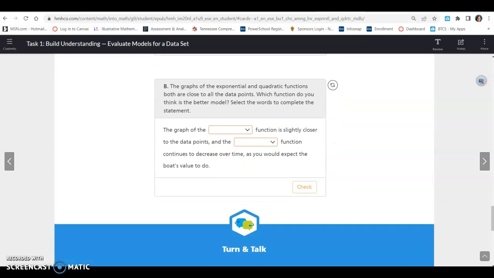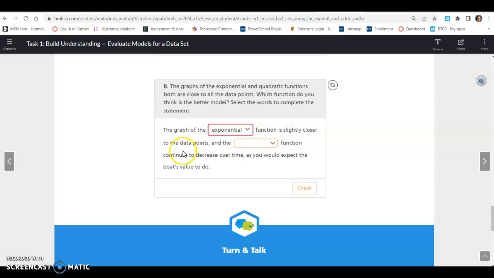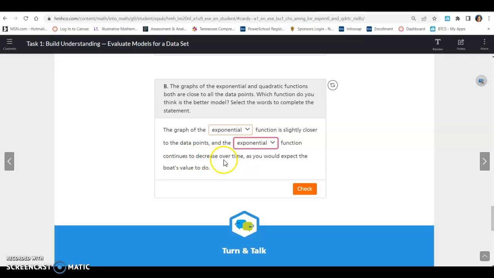All right, so moving down to the next one, the graphs of the exponential and quadratic functions are both close to all the data points. Which function do you think is the best model? Select the words to complete the statement. The graph of the exponential function is slightly closer to the data points, and the exponential function continues to decrease over time, as you would expect the boat's value to do.